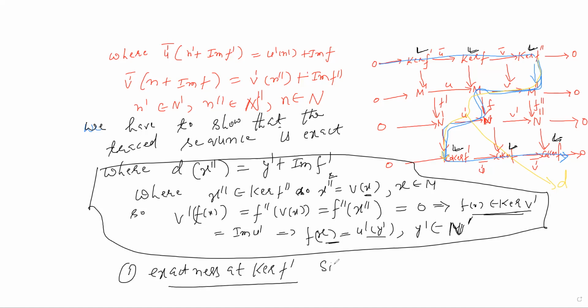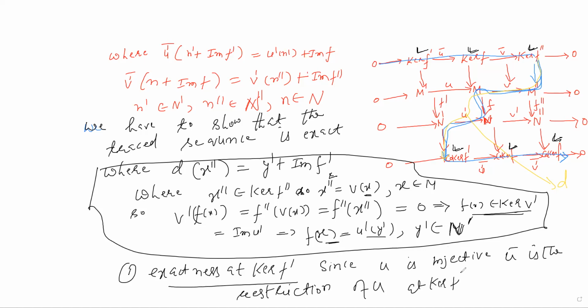Now, since u is injective, u bar is the restriction of u on kernel f dash.